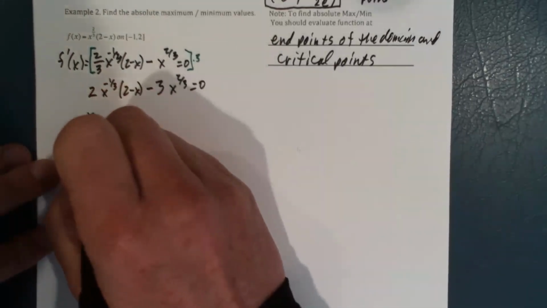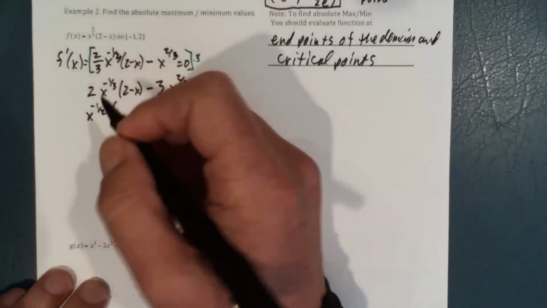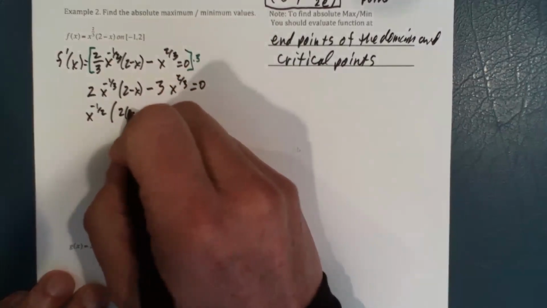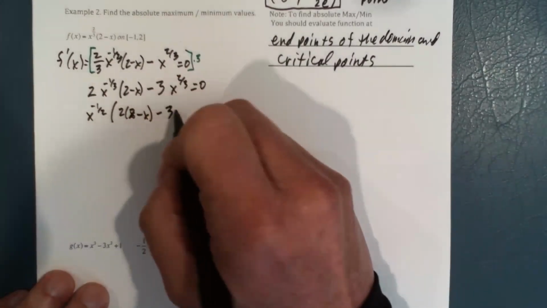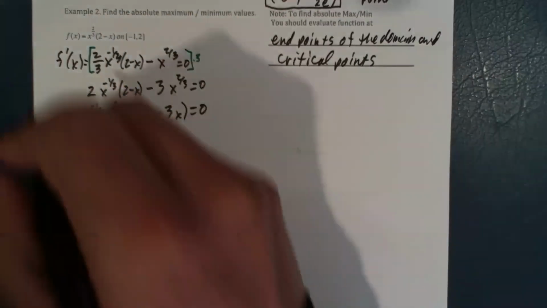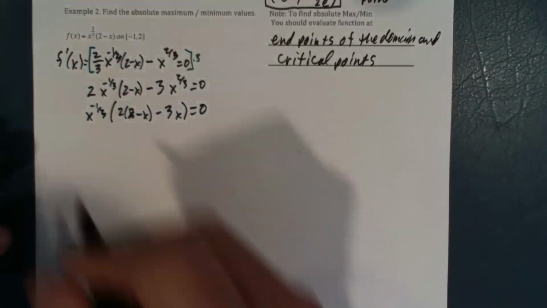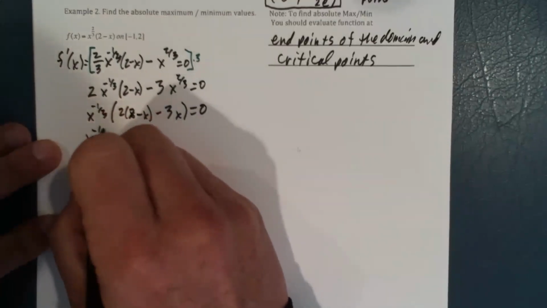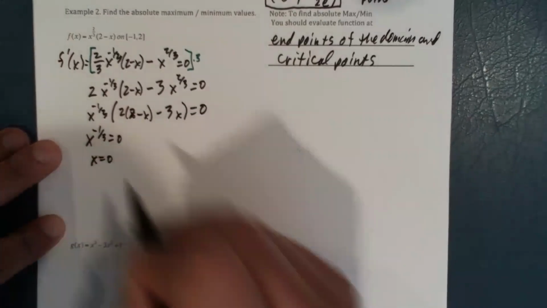So this is going to be x to the -1/3, and I'm left with 2 times 2 minus x minus 3x to the 1/3. All right, which means x to the -1/3 is going to equal 0, which means that x has to equal 0.